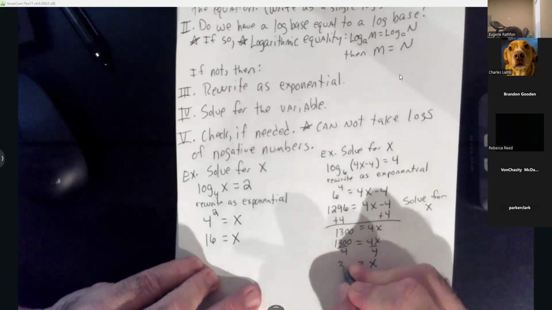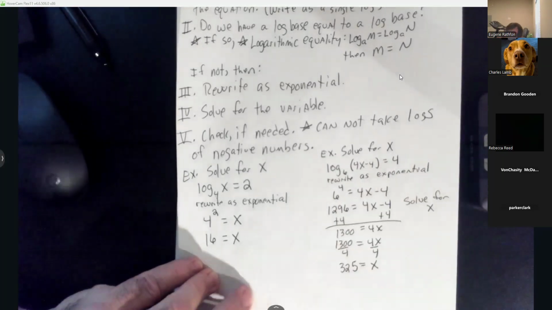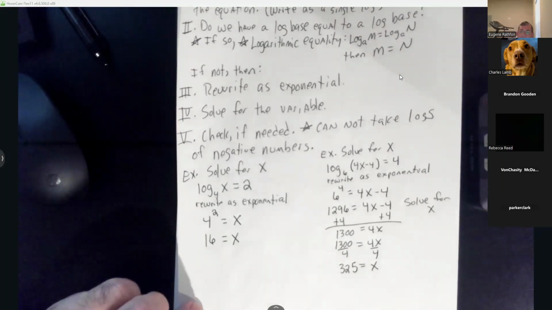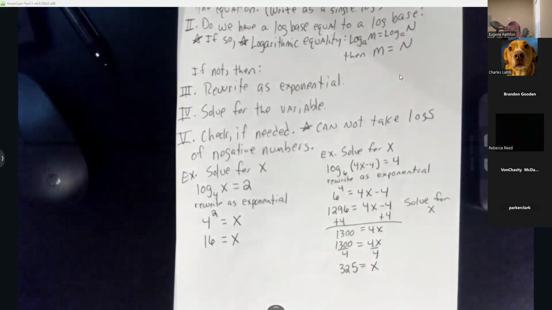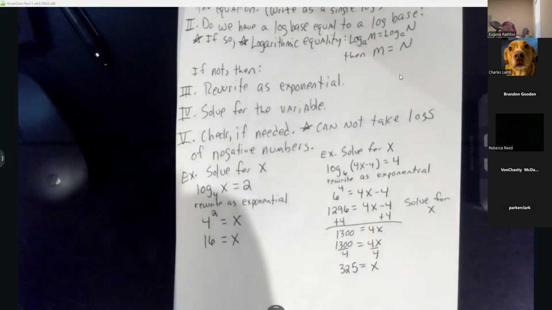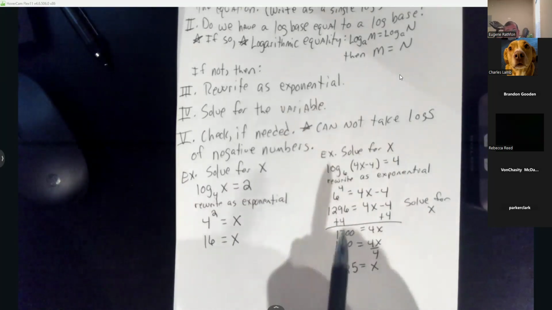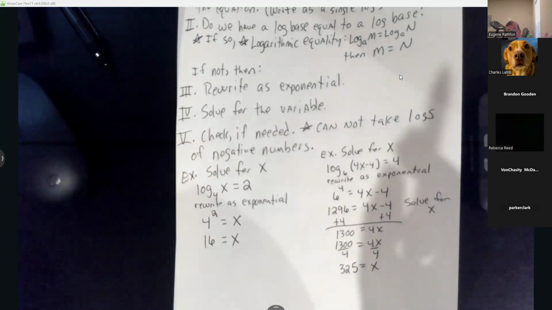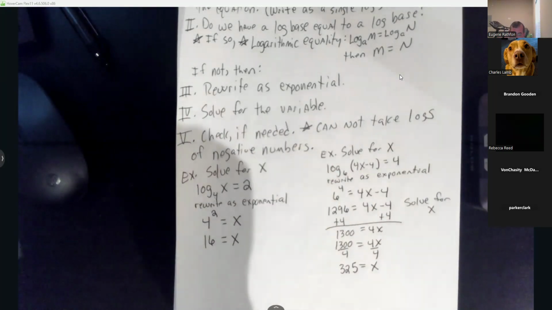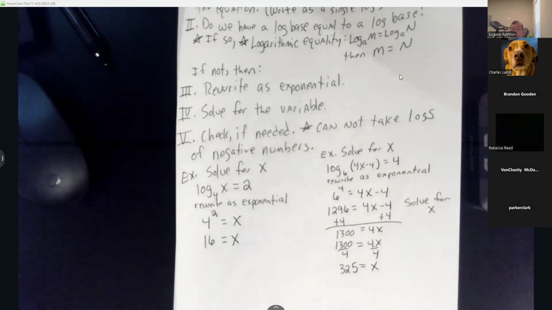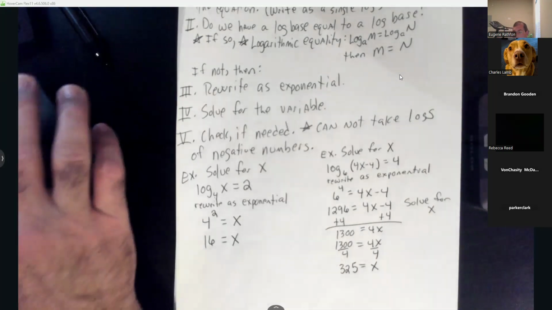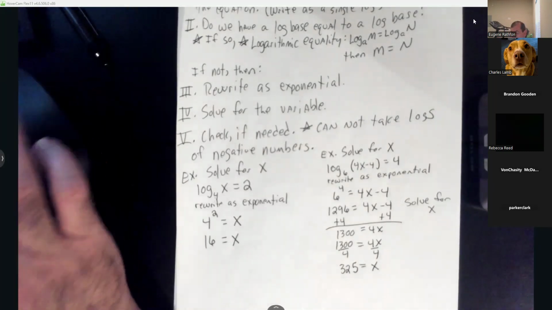Yep, that sounds good. Final answer. All right, y'all. So single log equal to a number, rewrite it as exponential right off the bat, and then solve for those x's, okay? So let's do some now that require maybe a little bit more work.